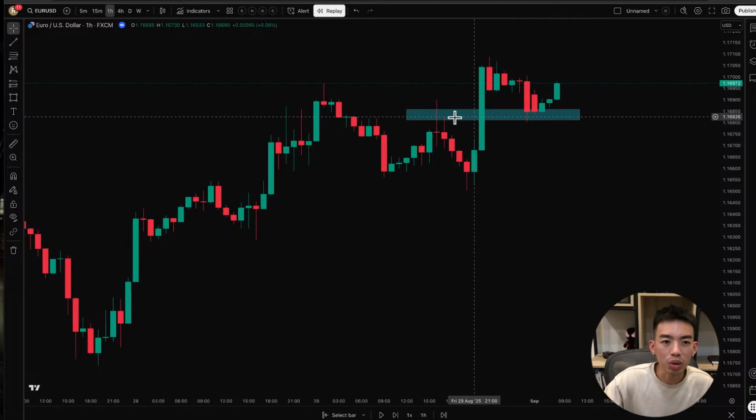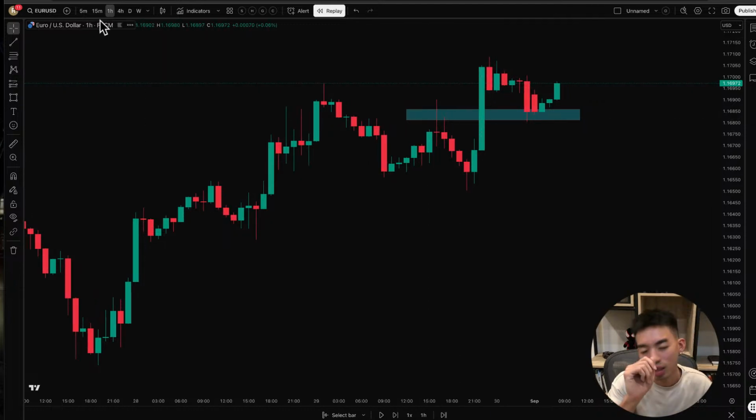If I tell you not to look at this and that this is the daily time frame, you would think it's a very clean breach and a very clear move towards the upside, correct? So it doesn't really matter what time frame we're looking at. I'm trying to draw your attention to the fact that I'm looking for a strong breach in the market, a pullback, and purely one time frame lower to get in.